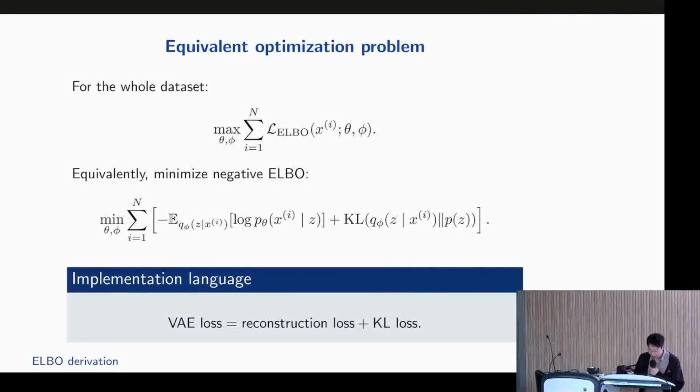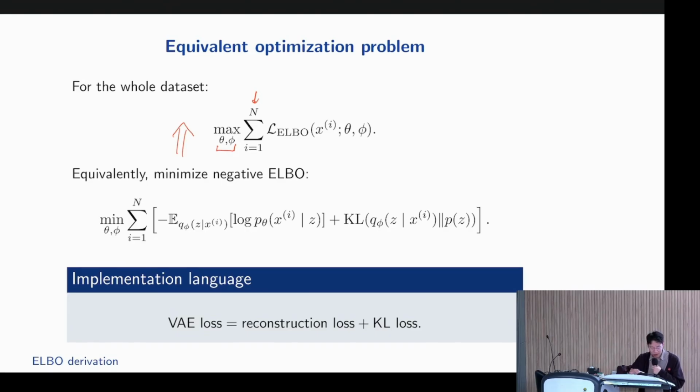Okay, so let's make this more concrete in terms of algorithm. All right, so we have access to n data points, which are sampled from the data distribution. So we want to increase the ELBO with respect to our encoder and decoder parameters, theta and phi.